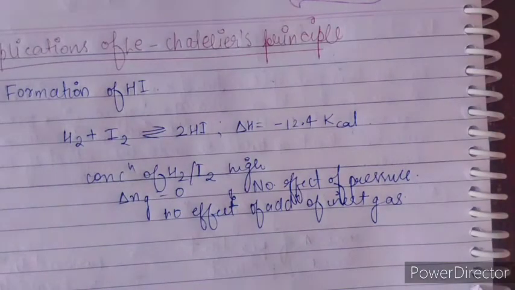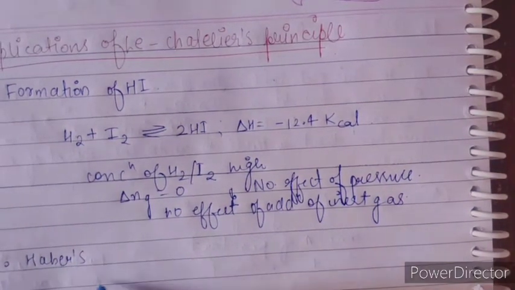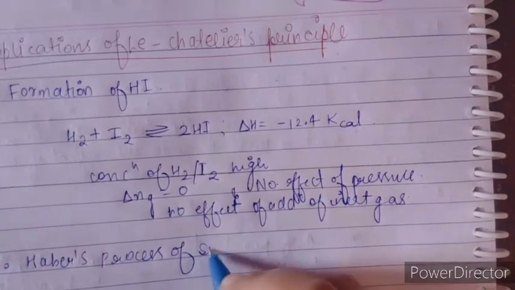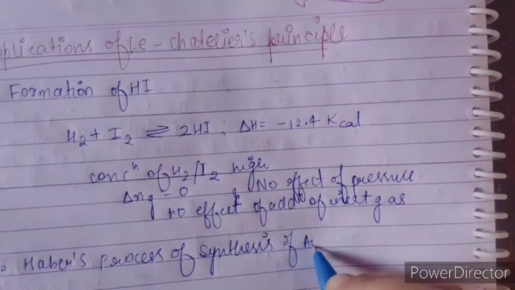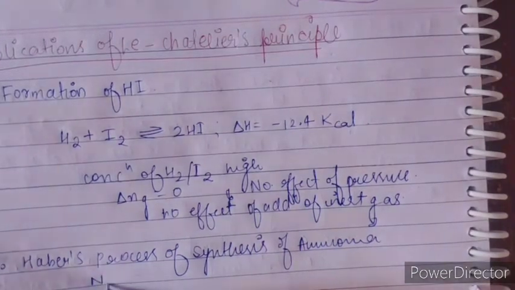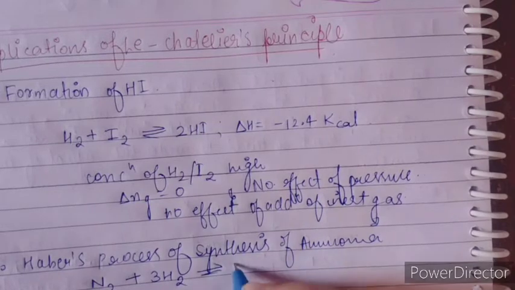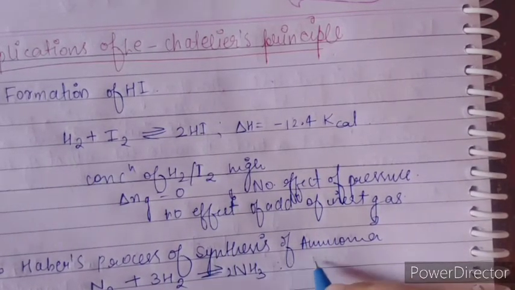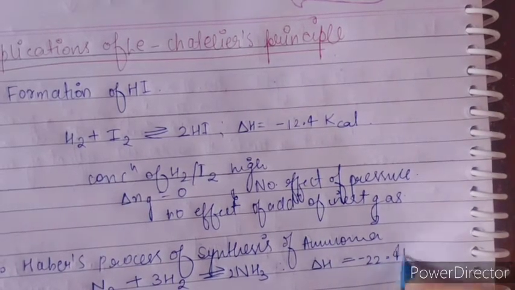The second example is the Haber's process of synthesis of ammonia. We use nitrogen plus 3 hydrogen, which gives 2 moles of ammonia, and the delta H value is minus 22.4 kilocalorie.